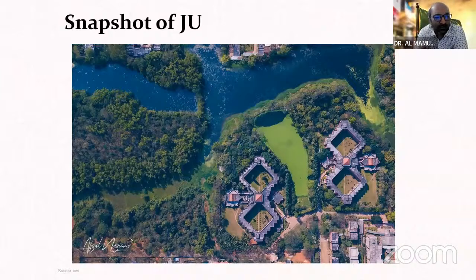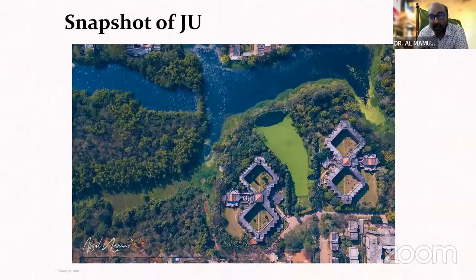For your better knowing, Jahangirnagar University is a large university in Bangladesh, established in 1970. 1971 was Bangladesh's independence, but one year before, this university was established only for higher education and research, and it's a totally residential university.